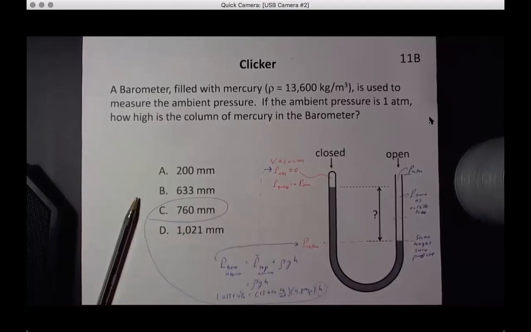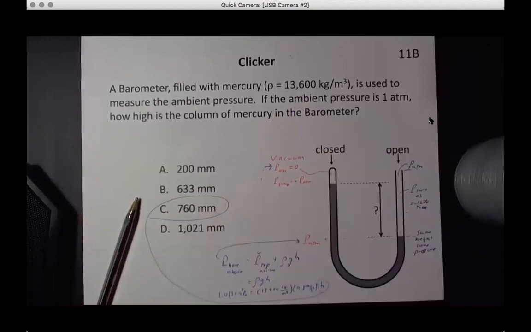So 760 millimeters is just about 3/4 of a meter. Now remember water, it would be 13.6 times higher. So you're something like 10 meters high if you measure atmospheric pressure with water. And 10 meters, that's 30 feet.